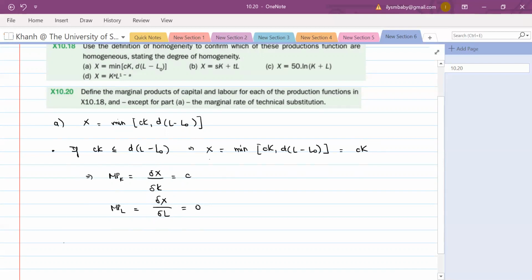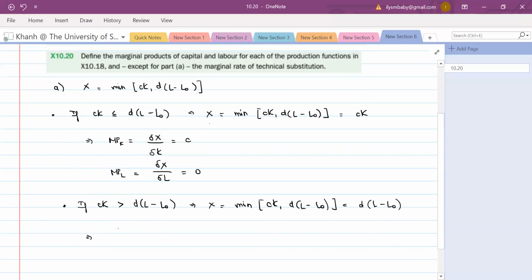Now the second case is where CK is bigger than D(L minus L0). If this is the case, then the production function is still the minimum between these two, and since CK is now bigger, the production function is equal to D(L minus L0).